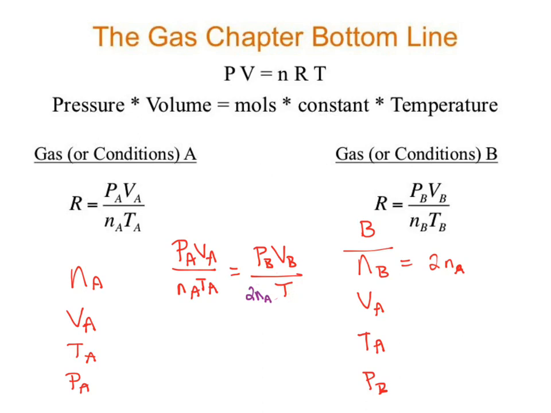Same. What is pressure B? I don't know. We don't know. What is volume B? Stays, volume A. What happens to volume A? Stays. It can cancel. What happens to temperature A? Cancels out.